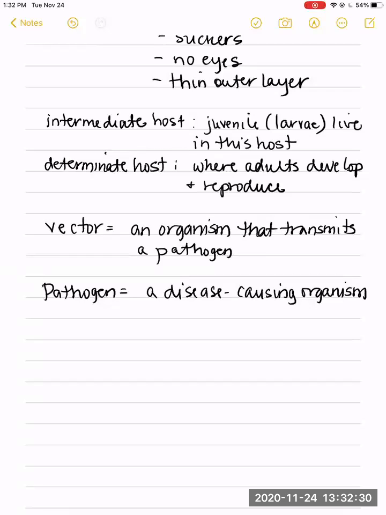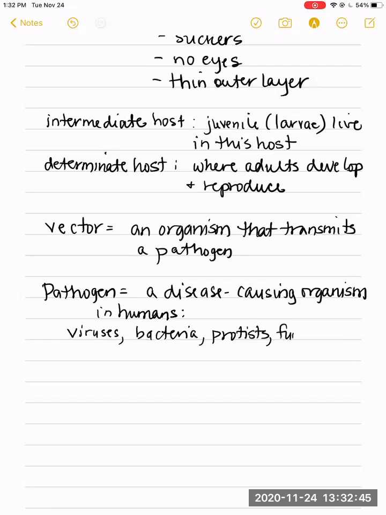But in humans, the list of pathogens includes viruses, bacteria, protists, fungi, and worms, including the flatworms.